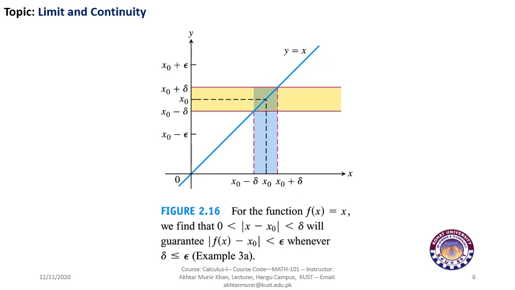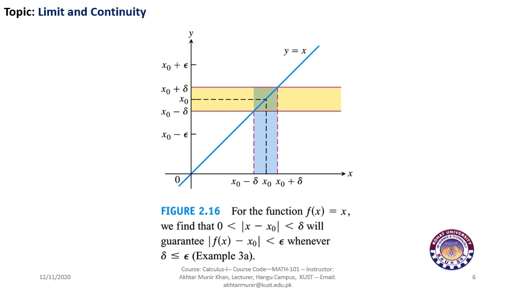So for this purpose, if we fix an epsilon, then corresponding to each epsilon we can find a delta, and the delta will be less than or equal to this epsilon.